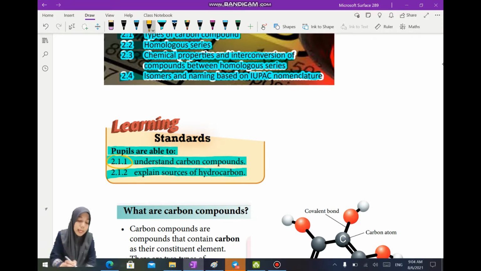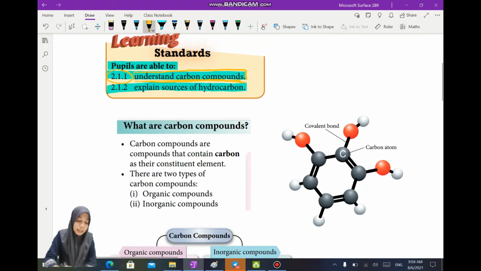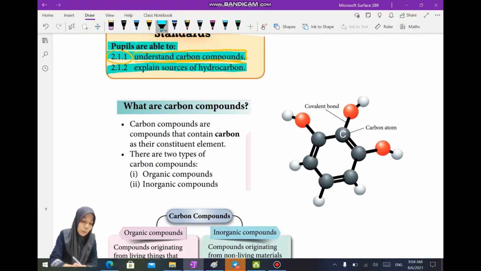But for this video we focus on 2.1.1 understand carbon compound. Kita nak memahami apakah sebatian karbon. So what are carbon compounds? Carbon compounds are compounds that contain carbon as their constituent element.